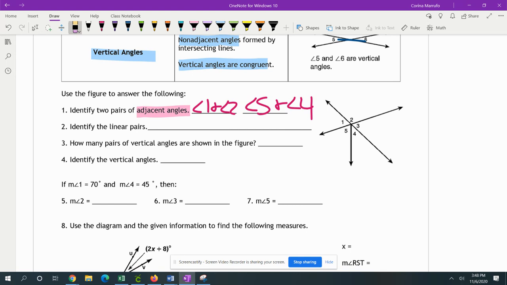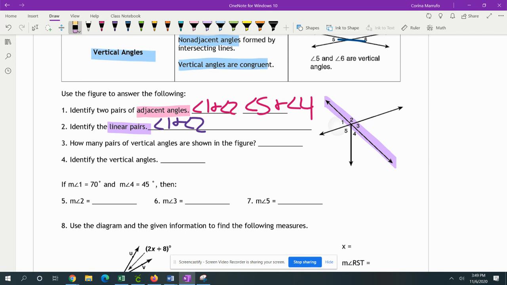The next one says identify the linear pairs. So we're going to see which ones make a straight line. Okay, so here's a straight line. So linear pair, now linear pair means 2. So 1 and 2 make a straight line. So angle 1 and angle 2. And then we look for another straight line. If we look, we have a straight line going this way.